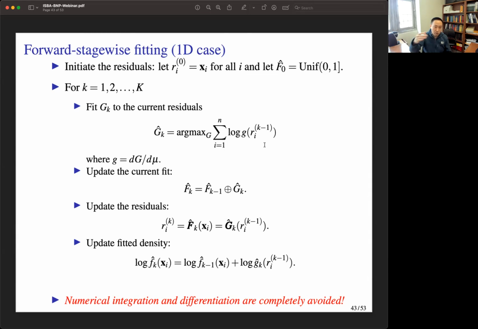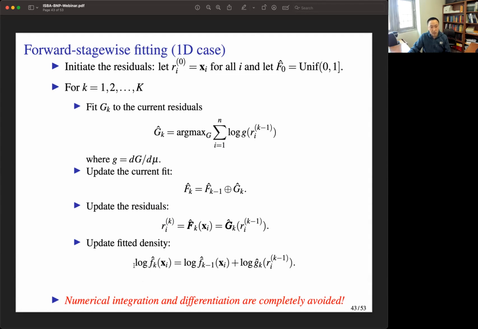You can replace this using, for example, the Polya tree model that I talked about, which you can show is approximately solving this optimization problem if you take, for example, the posterior mode. And then iteratively update your current fit and get the next round of residuals, which is just applying the next CDF transform to the current residual.